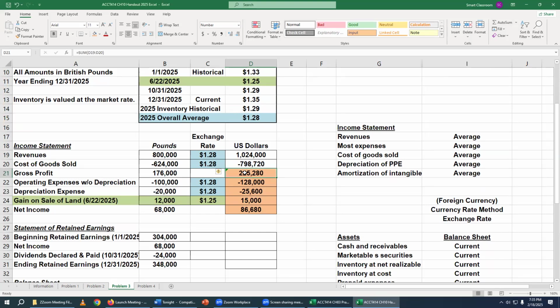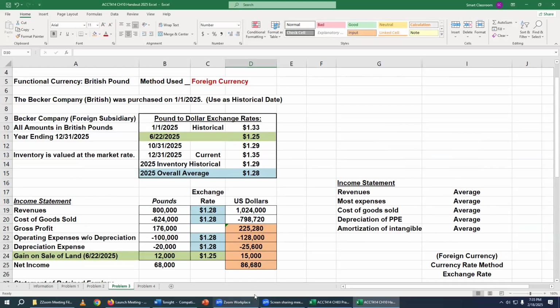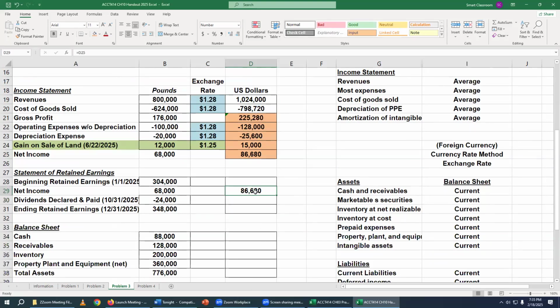We'd be double counting that if we did it again. So 86, that is going to be our income down here. Just gonna move that down. And again, that's already a composite rate because it's got more than one rate in there.